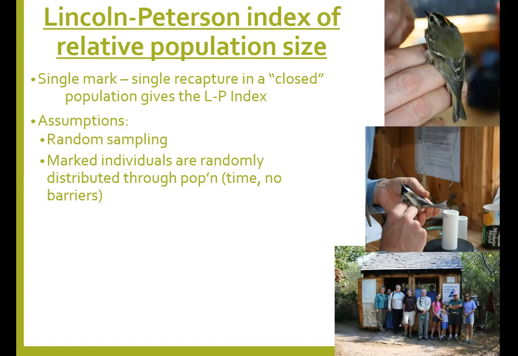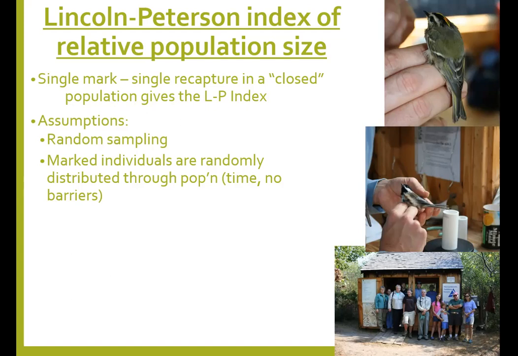Marked individuals must be randomly distributed through the population. Similarly, if you're sampling in the same place over and over again, you might be catching the same bird over and over again, or the same turtle or whatever you're capturing. These animals might have a small range, and so you are more likely to catch birds that live in the local area, as opposed to birds from the entire population, right?